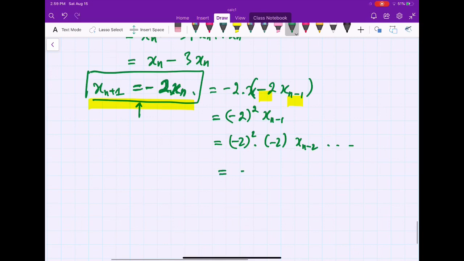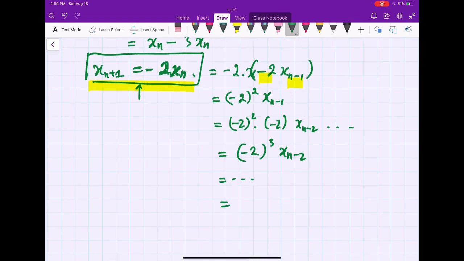So overall, you get negative 2, let's say, cubed, and x(n-2). If you pay attention, the power here is 3, and when you add 3 with n minus 2, you should get n plus 1.